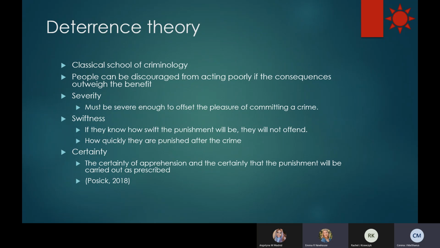So, the punishment must be severe enough to offset the pleasure of committing a crime. Swiftness, if they know how swift the punishment will be, they will not offend, or how quickly they are punished after the crime. Certainty is the apprehension and the certainty that the punishment will be carried out as prescribed.